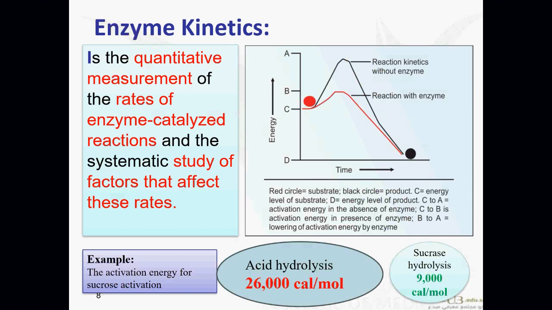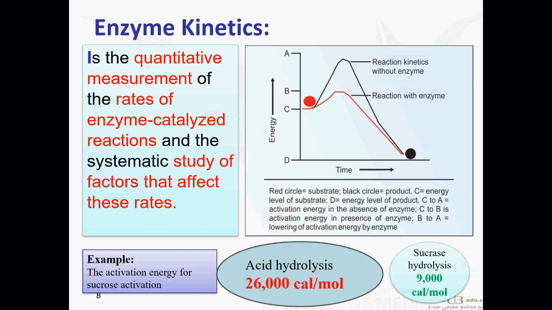So to split the sucrose into glucose and fructose by acid hydrolysis, by adding an acid only, it will need activation energy equivalent to 26,000 calories for each mole of sucrose. While if we replace the acid and hydrolyze the sucrose by the sucrase enzyme, the acid hydrolysis has been replaced by the sucrase hydrolysis, and remember that hydrolases are the class of enzymes that will split the molecule into two by adding a water molecule.